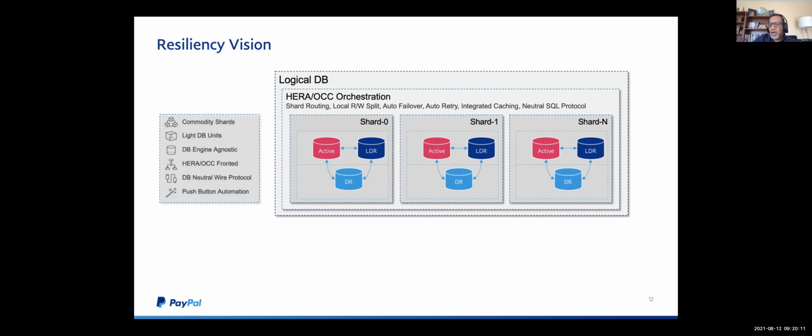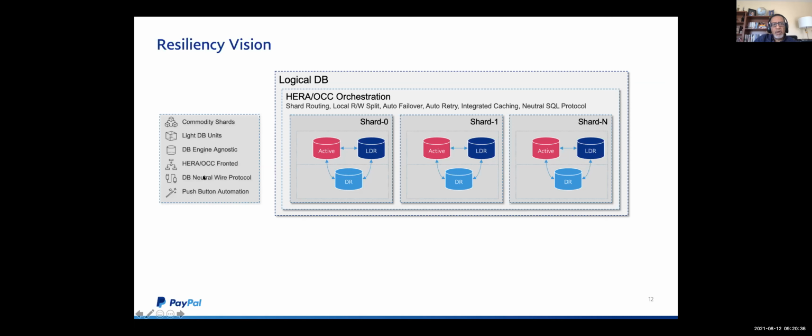So we had to rethink a lot of these patterns, right? What we wanted to use are commodity shards, light database units, database engine agnostic, because then it opens up very many more possibilities. All of these are front-ended by HERA or OCC. HERA is the new name.